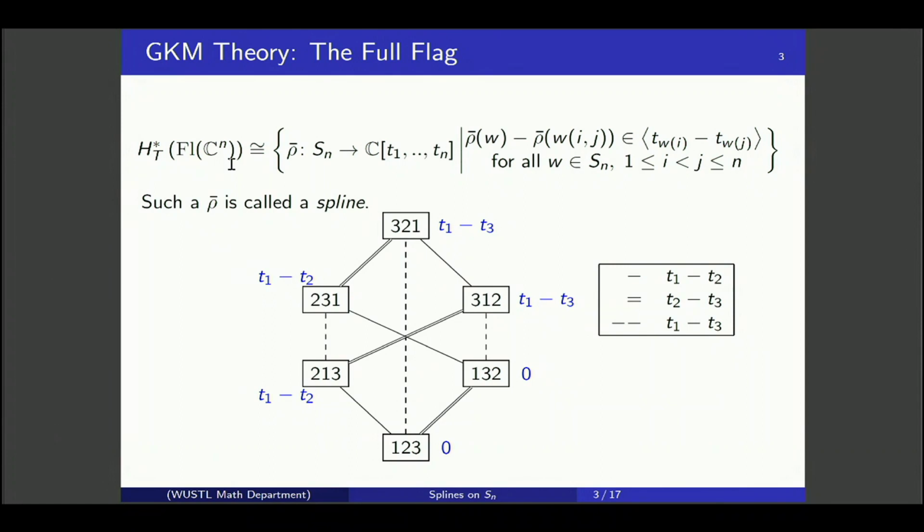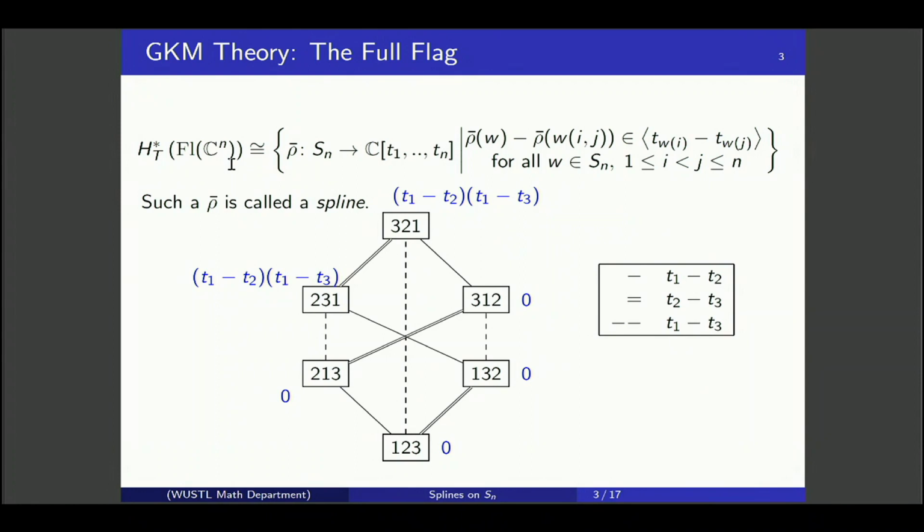It doesn't have to have full support. This one, if you notice, is supported at 2, 1, 3 and above in Bruhat order. That is no mistake for a Schubert conference. And here is a third example of a spline on this Cayley graph of S3.